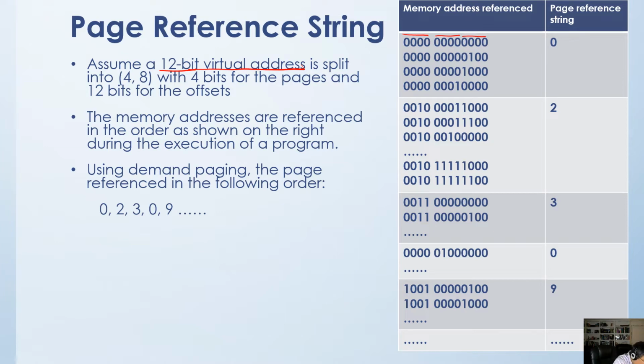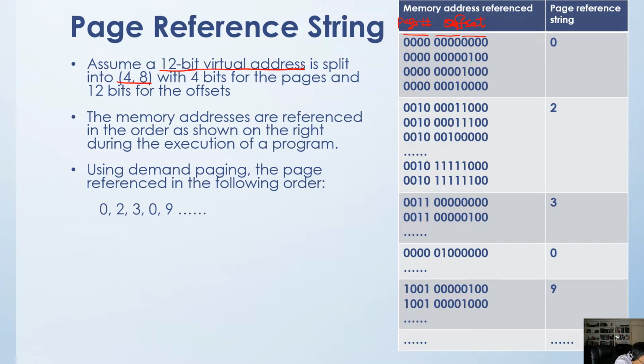And then we're going to split the virtual address into 4 and 8, using paging. So the first 4 bits represent the page number, and the next 8 bits represent the offset.